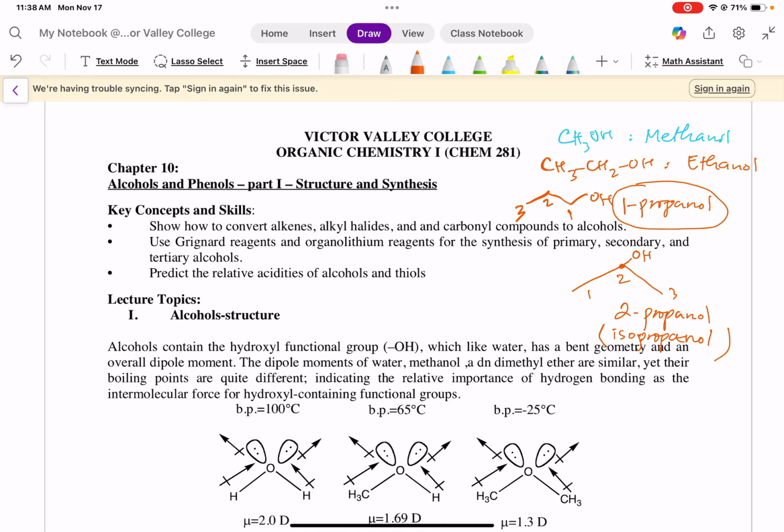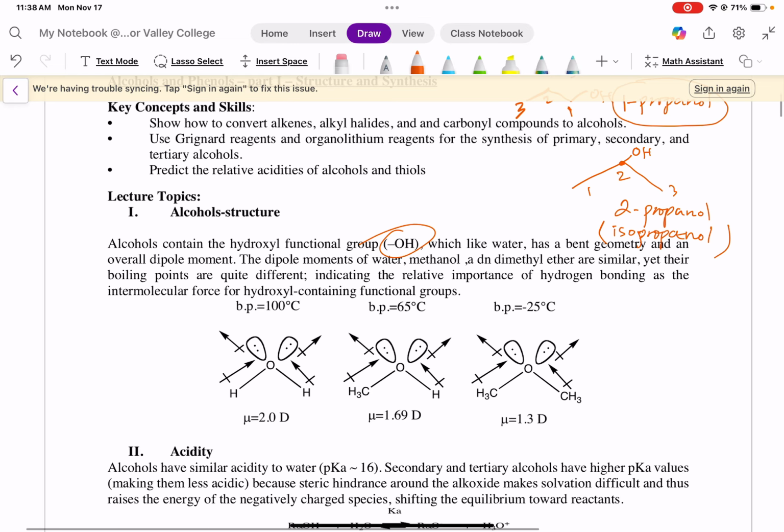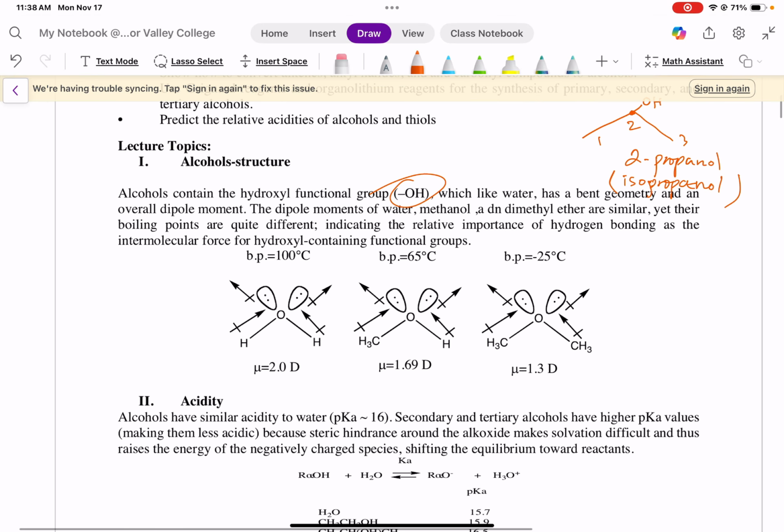Same thing. Like I said, just like Robert versus Bob. Same person, 2-propanol or isopropanol, same compound. Now, so alcohol has OH. Let's take a look at some of the physical and chemical properties, and then we'll look into more naming.